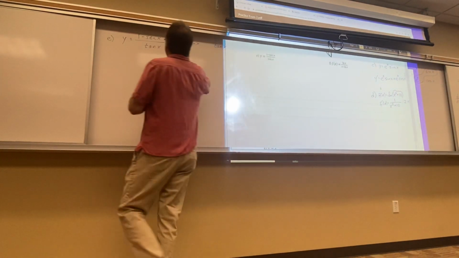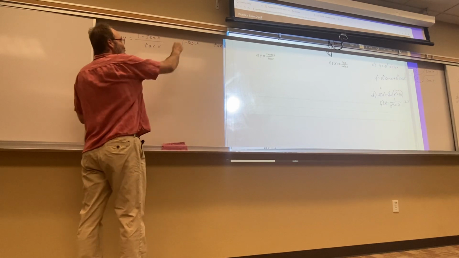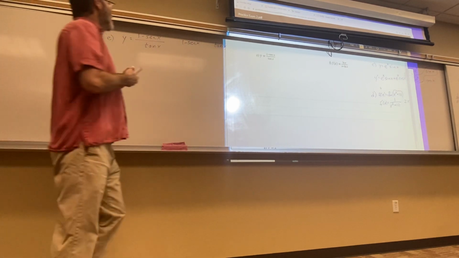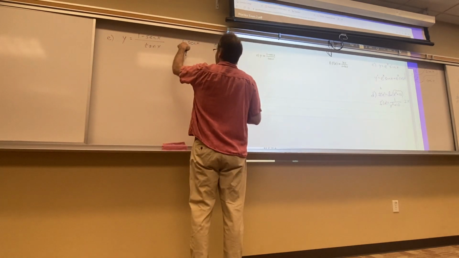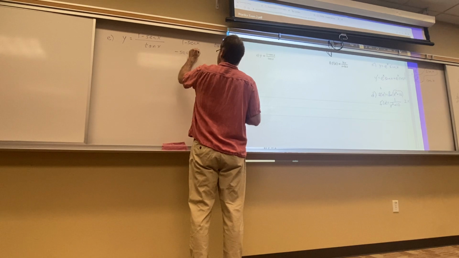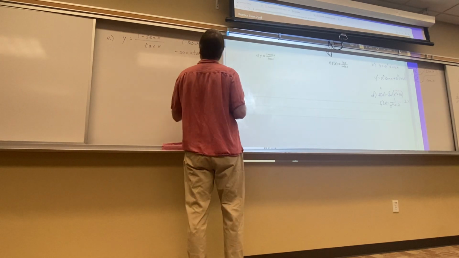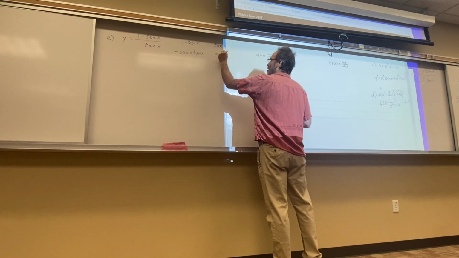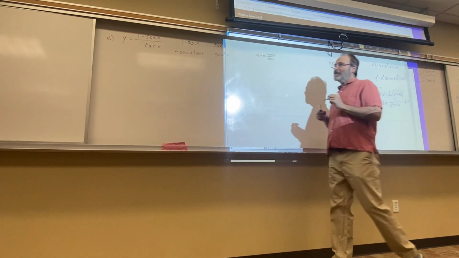Okay, so what's the derivative of 1 minus secant x? The 1 goes away. Negative secant x tangent x. And the derivative of tangent x? Secant squared x.